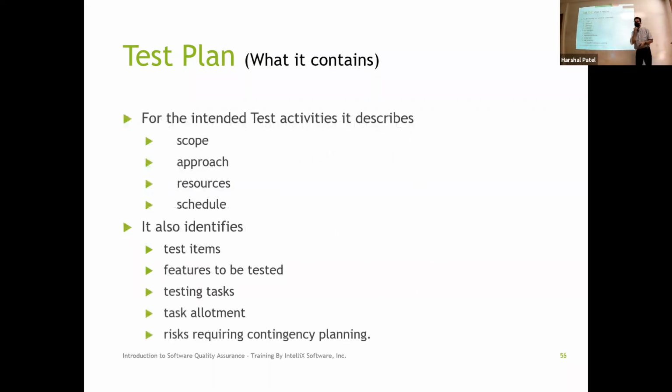Now, what does it contain? It will contain the scope. If you're going to test it, what are you going to test? What is in the scope and what is not in the scope? For example, you talked about building an Amazon system. You're going to have some functional requirements and a whole bunch of non-functional requirements.